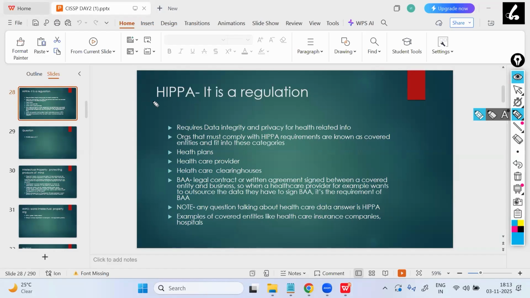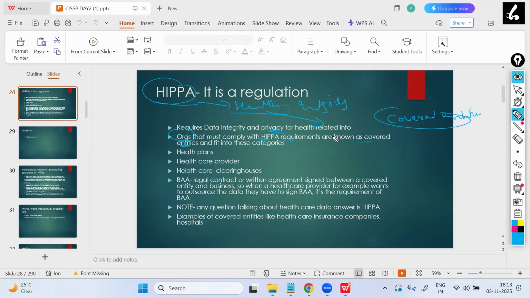We are studying about HIPAA here, which is related to health. The focus is on integrity and privacy for health related information. All the organizations that must comply with HIPAA requirements are known as covered entities. So the term is CE, covered entity. Not all the organizations in the world need to be HIPAA regulated, right?